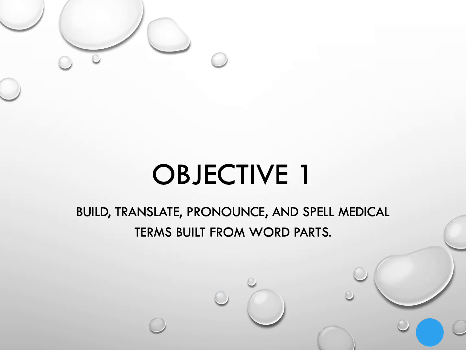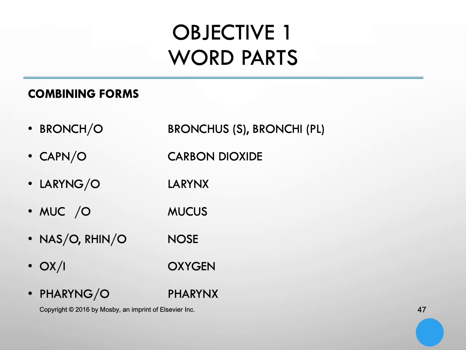So let's look at some terms now that we know what the respiratory system does for us. Some terms that are important for us to know as far as combining terms are broncho. Broncho means bronchus or bronchi, right? We've used those words.